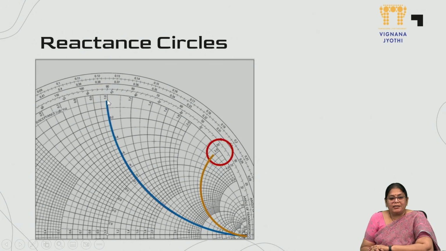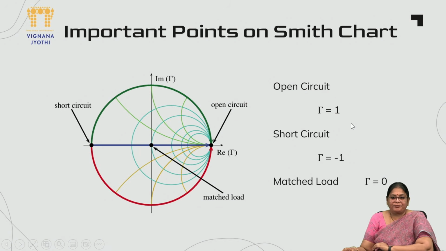So these are basically reactance circles. Reactance means the X value. We are talking about a normalized X value corresponding to 1, and a normalized X value corresponding to 3, which indicates that X values are also normalized values, just like the resistances we were talking about earlier. These values are also normalized to an impedance, let us say in this case 50 ohms. So these are the reactance circles.